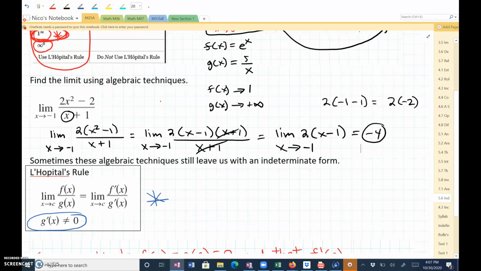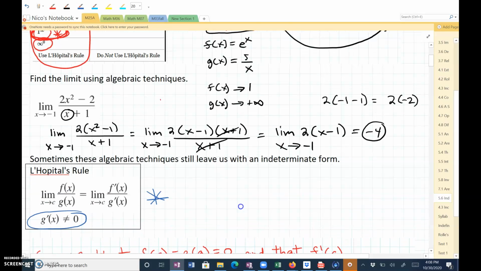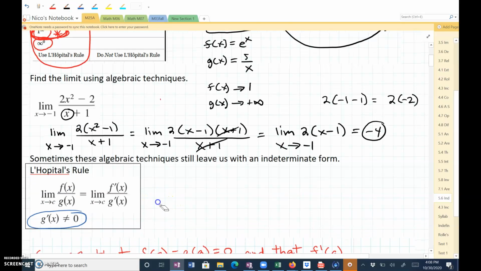Today we're going to use this technique known as L'Hopital's rule. Let's say we had this function again, the limit of 2x squared minus 2 all over x plus 1 as x approaches -1. Again, we couldn't evaluate this because we're going to get a 0 in the denominator.